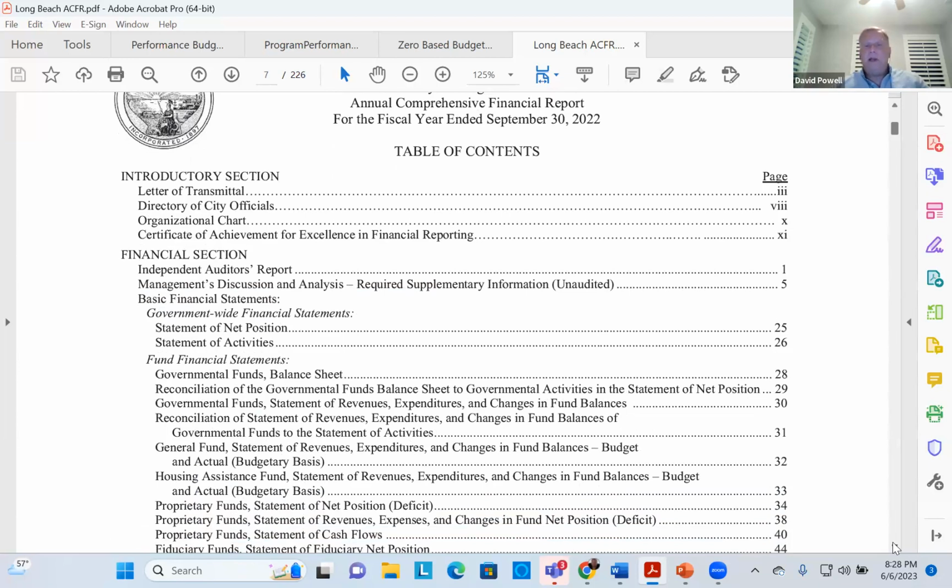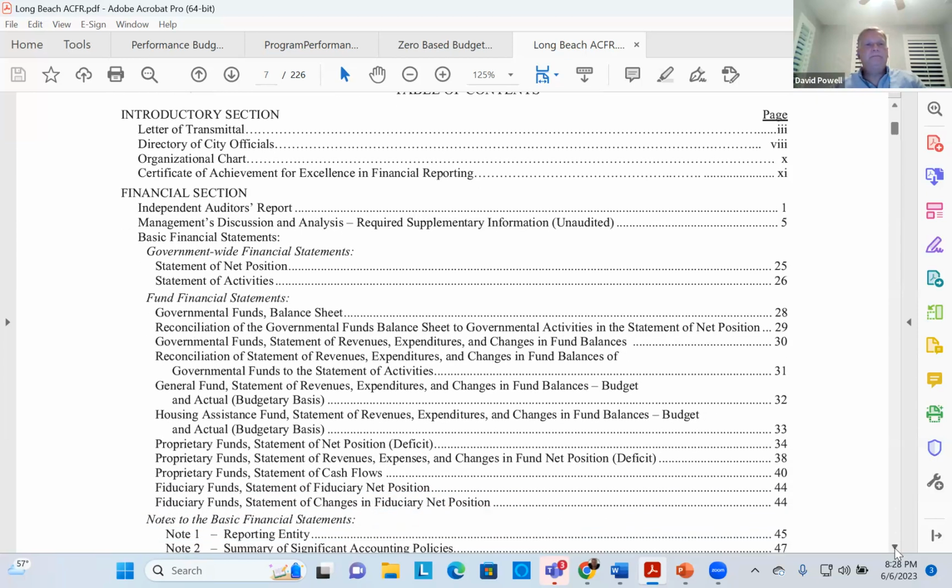A directory of city officials, so you know who the major players are in the city, an organizational chart, so you know how everyone's position relates to every other position in the city, and then a certificate of achievement. Whenever a city receives a certificate of achievement for their financial report, they're obviously going to put that in their introductory section. So here for Long Beach, they have a certificate of achievement for excellence in financial reporting.